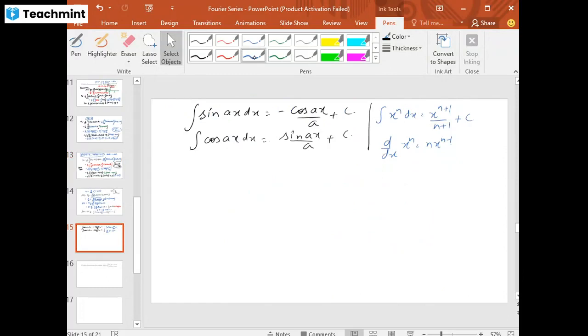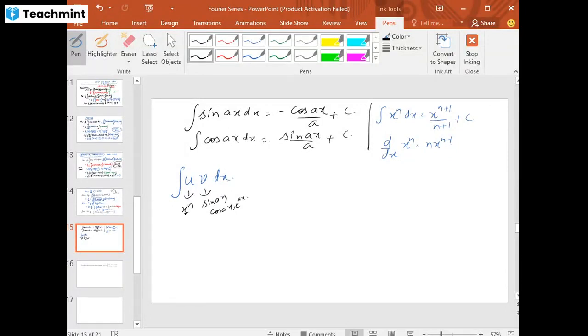So we are going to use one important formula in Fourier series, a special kind of product rule for u into v, where u is an algebraic function of the type x power n, where n is a positive integer, and v is sine ax, cos ax, or an exponential function. Okay, so this is a special product rule which we are going to use in the topic Fourier series.